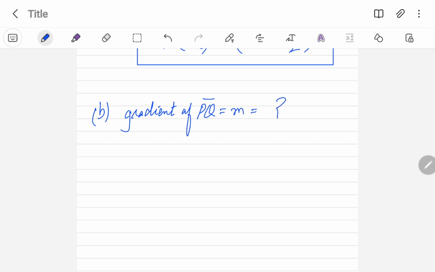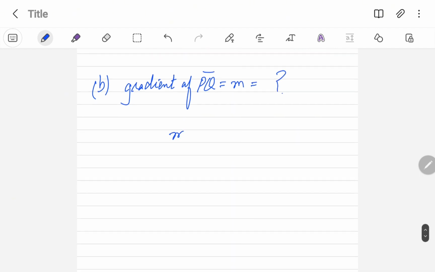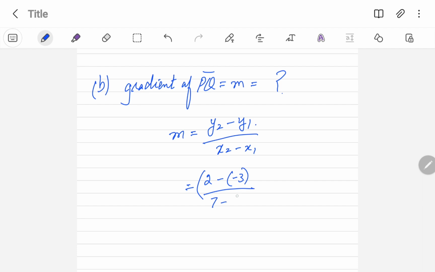That is denoted by small m, and it has the formula m is equal to y2 minus y1 over x2 minus x1. y2 has the coordinates 2 and y1 has the coordinates minus 3 and x2 has the coordinates 7 minus x1 is the 1.